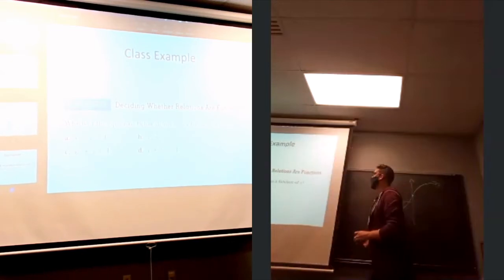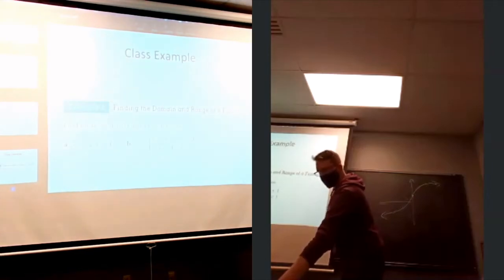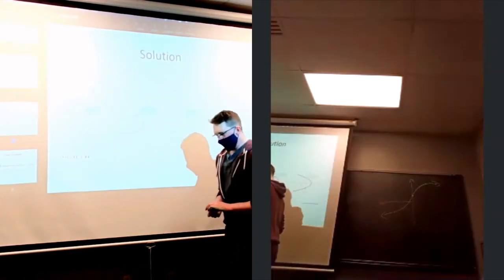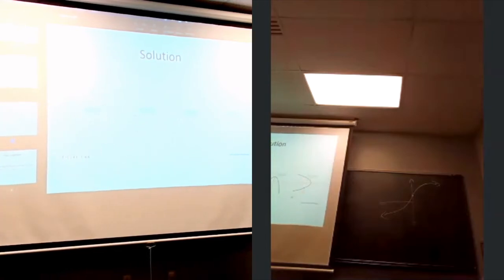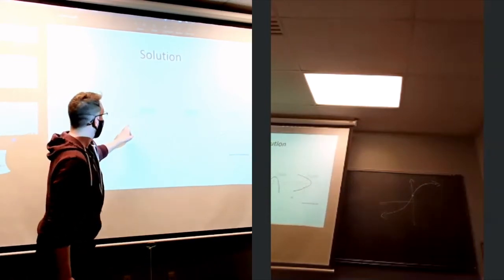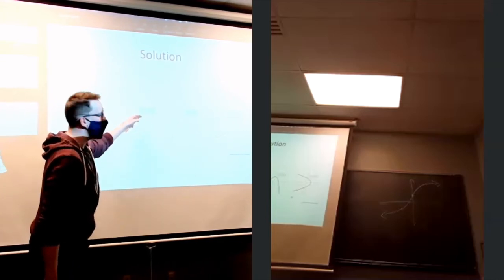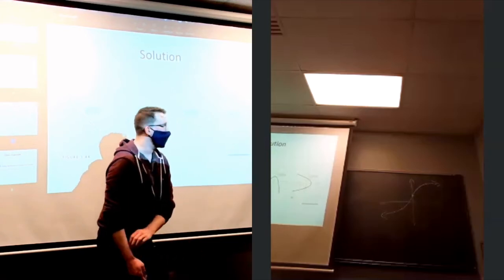So of these, which of these is a function, which one's not? A and C are functions. Yeah, absolutely. A and C are functions. This, we can see this circle, there's a bunch of different x values that have multiple y values, right? Similarly, D, same case.